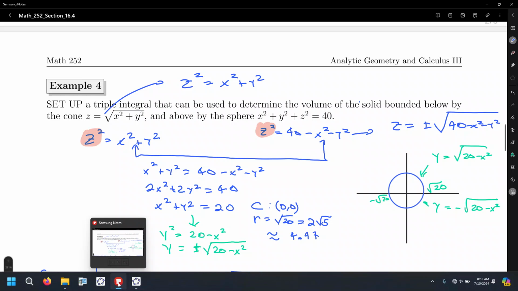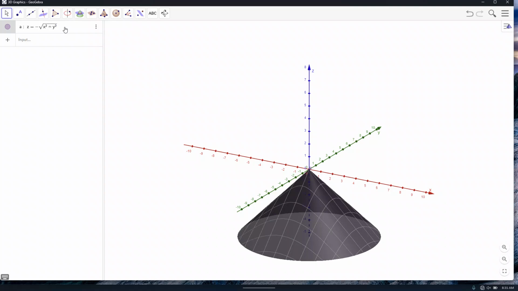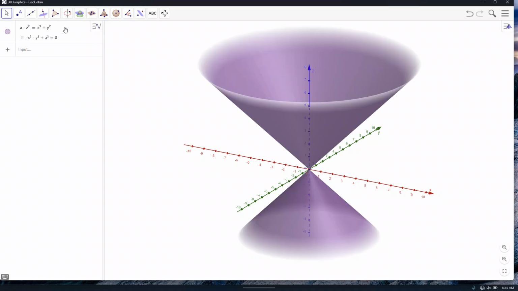So now, let me get rid of this radical, and instead, let me square the z. Do you see the two cones, one above, one below? We would have the same sphere.